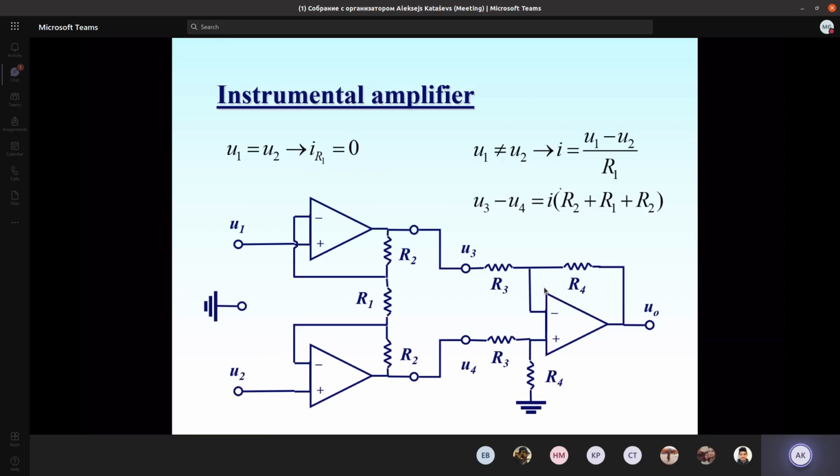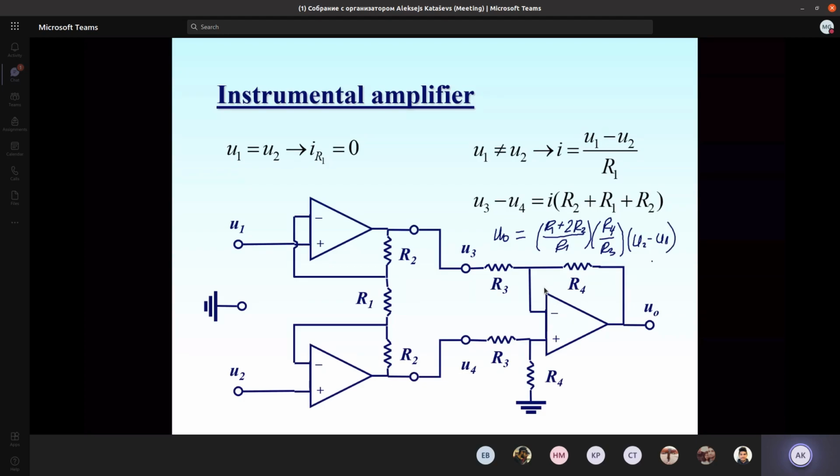So if I combine all together, my equation will look like this: U out is equal to the first stage gain, R1 plus 2 R2 divided by R1, then the differential amplifier gain R4 divided by R3, times U2 minus U1.